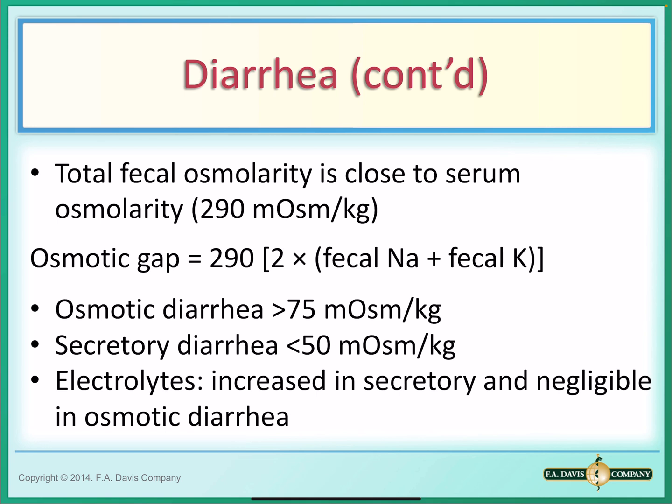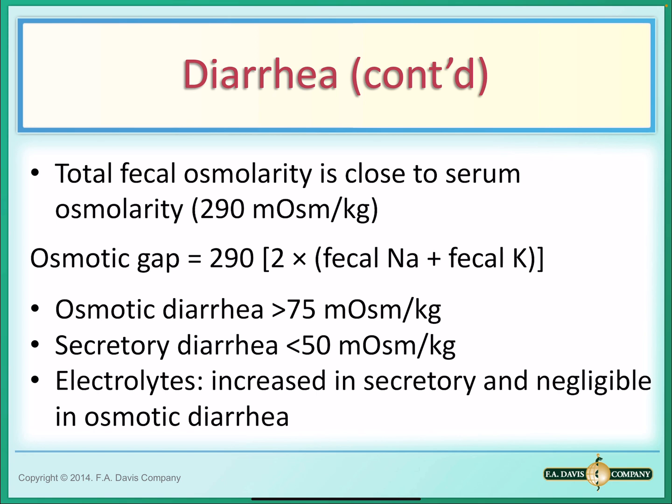The osmotic gap is measured as you can see here in the formula: 290 minus 2 times the fecal sodium plus the fecal potassium. The stool osmotic gap is a measurement of the difference in the solute between the serum and the feces. And again, it's used to distinguish among different causes of diarrhea.